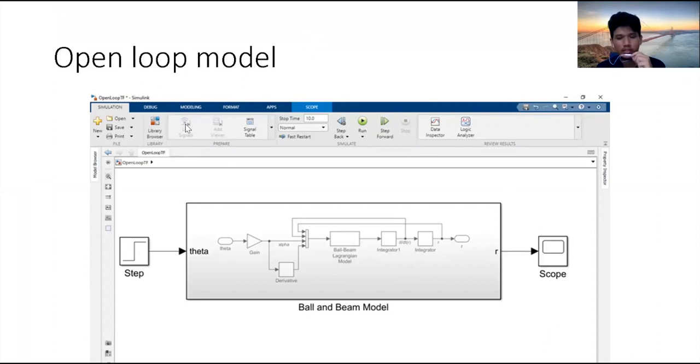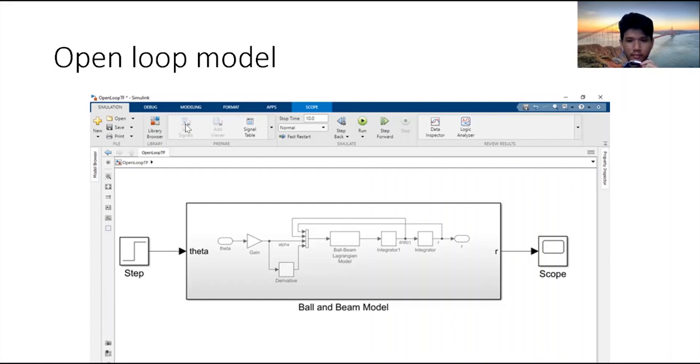So the next part is the open loop model. First, create a new blank model window, and then insert a Subsystem block from the Ports and Subsystems library and open the subsystem. Then open ballbeam.slx and press Ctrl-A and Ctrl-C, then Ctrl-V into the subsystem window.